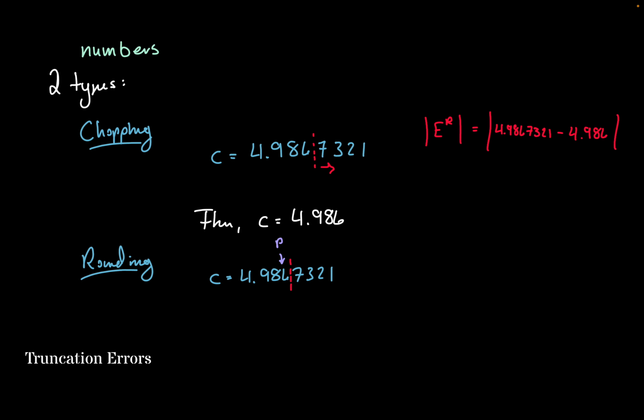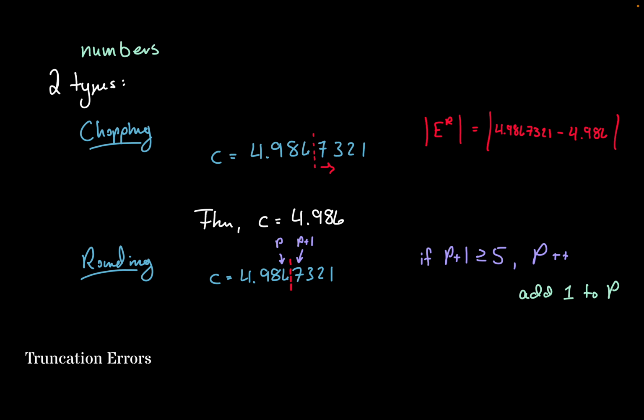And we can say the 7 here is at the p plus 1 position. Now, one thing I should probably note is if our p plus 1 position is greater than or equal to 5, then we'll increment our p by 1, or essentially add 1 to the p value. So essentially like normal rounding, pretty much.